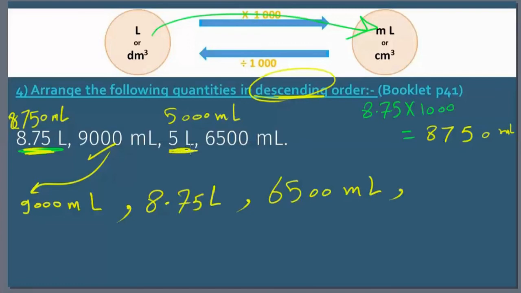And the last one, the smallest number here, is 5 liter. Again, when you want to compare a lot of capacities, you must make them of the same unit. The easiest way to solve this is to convert them to milliliter by using multiplication. I will multiply by 1,000 to convert from liter or cubic decimeter, by the way, to milliliter.